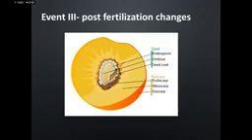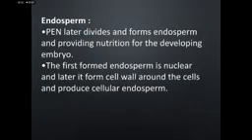Then we move to the next event, that is post-fertilizational changes. That means in this field we study seed, fruit, embryo, endosperm, etc. Endosperm: the primary endosperm nucleus, that means 3n condition, later divides and forms endosperm and provides nutrition for the developing embryo.